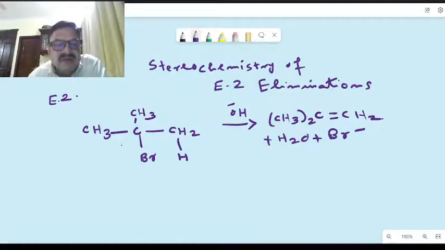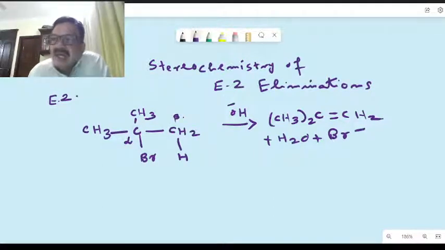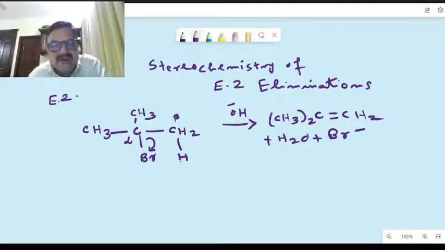So this is our alpha carbon atom and this is our beta carbon atom, correct? Alpha and beta carbon atom, alpha carbon. So this bromide, it goes like this. That is the leaving group here.